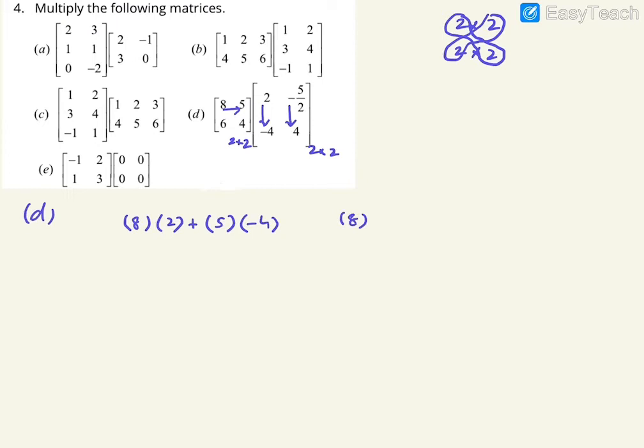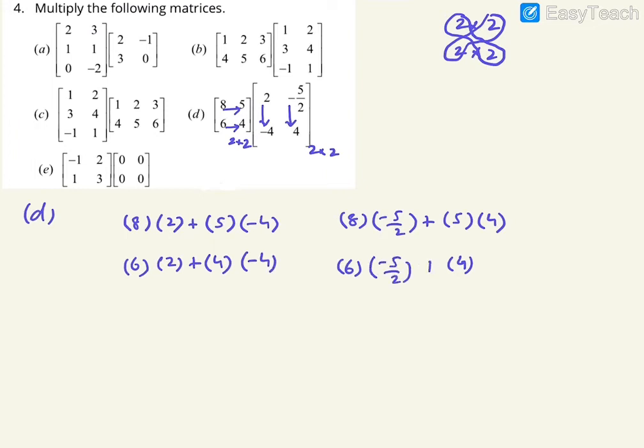Again 8 times minus 5 by 2 plus 5 times 4. Again 6 and 4, the row elements same, 6 and 4, and the column elements you can copy from above, minus 5 by 2 plus 4. Just I am copying this one.